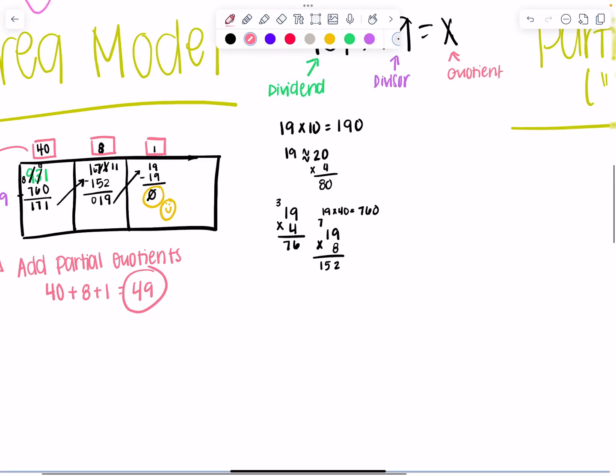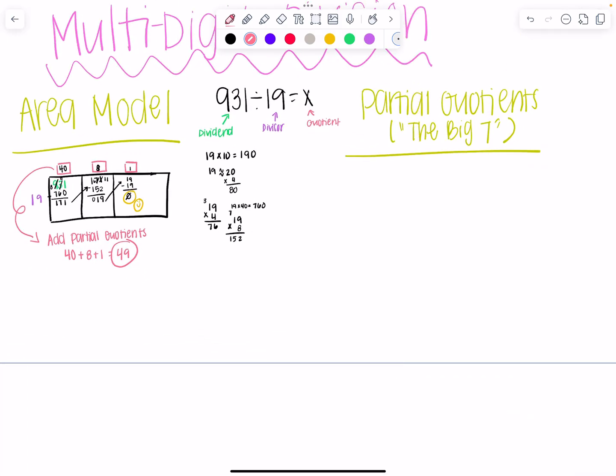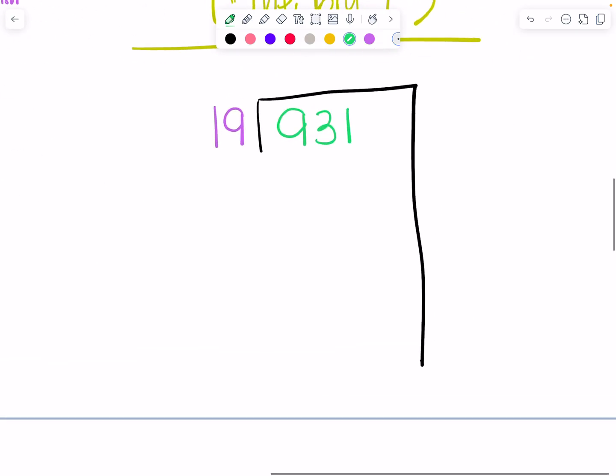Okay, next, I'm going to do the partial quotient, the big 7, like I showed you. So what I'm going to do is set up my problem. I'm going to have my big 7, my divisor on the outside, my dividend on the inside, and I'm going to start solving.